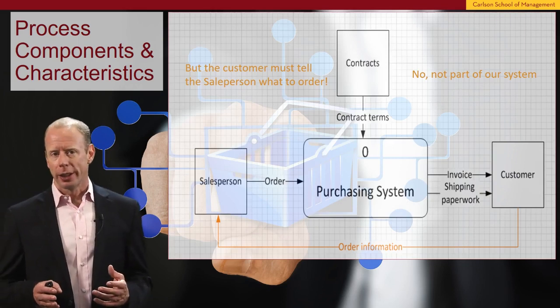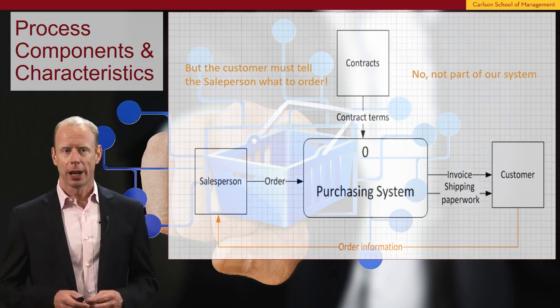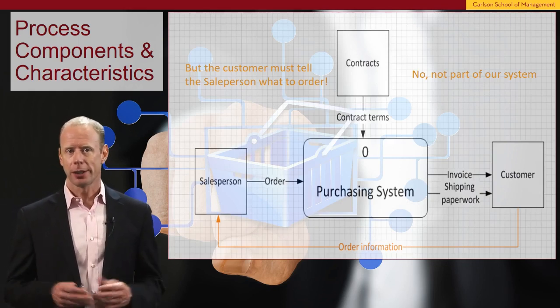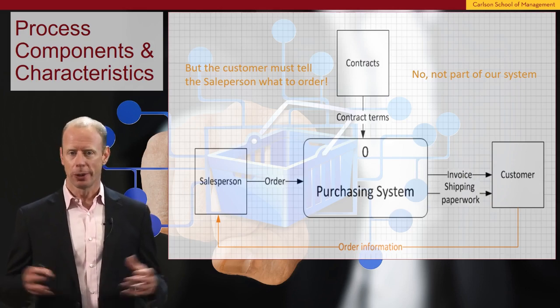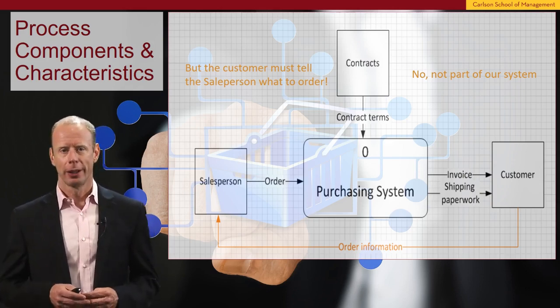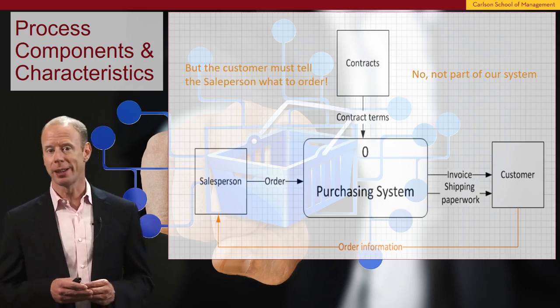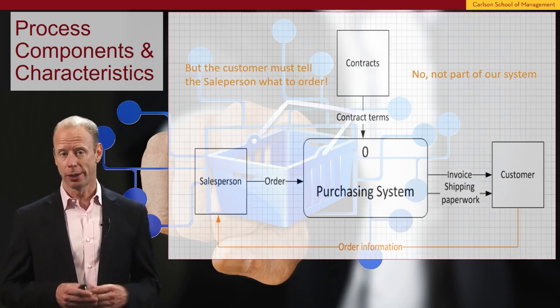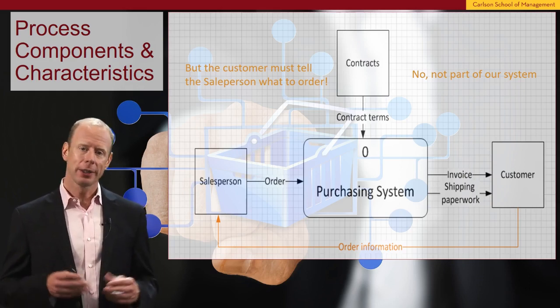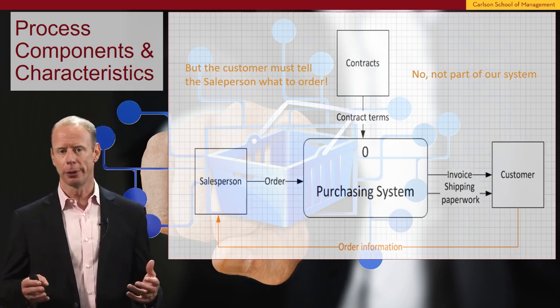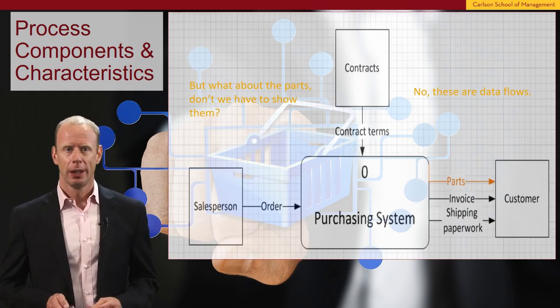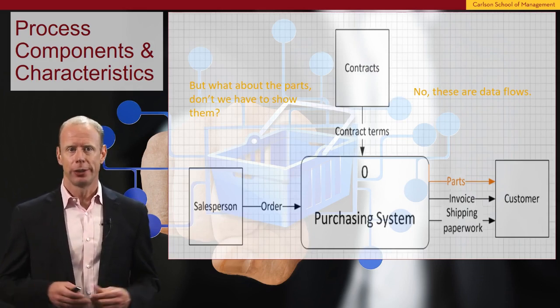You might think of other things that you might want to model when describing your system. For example, the customer might tell the salesperson what to order, so there's a communications channel there. However, that might be outside the boundary of our system because we've made an assumption that says that all orders in this case are placed by a salesperson, even if the customer is communicating with them by phone or email, for example. We might also have physical goods that move around.